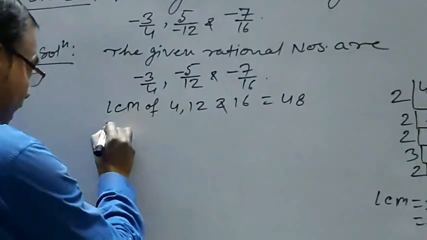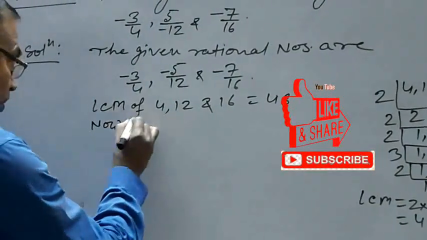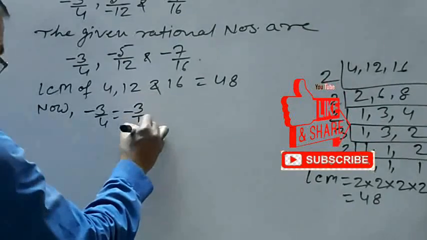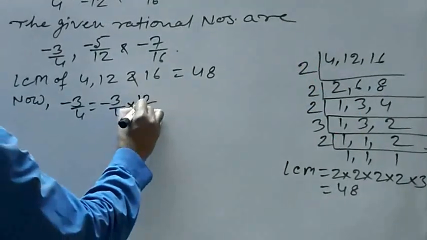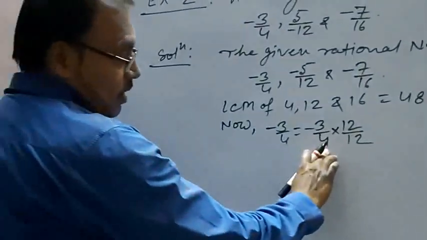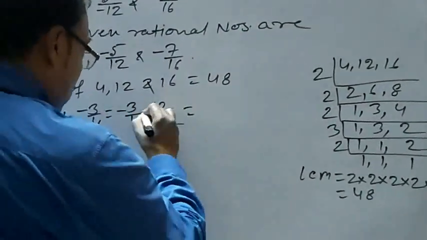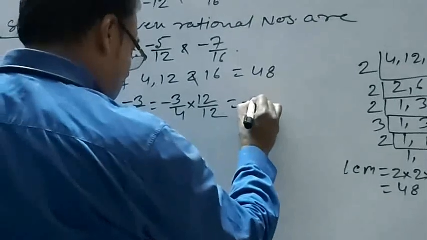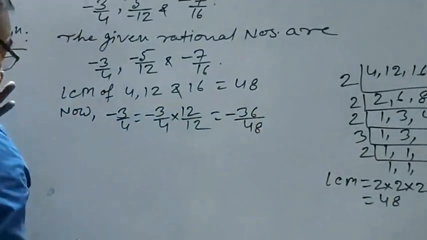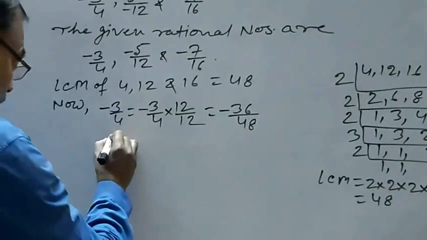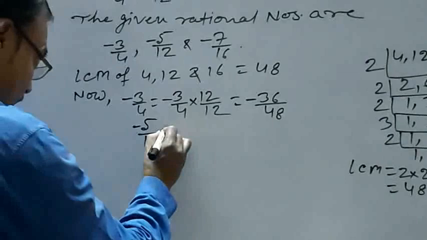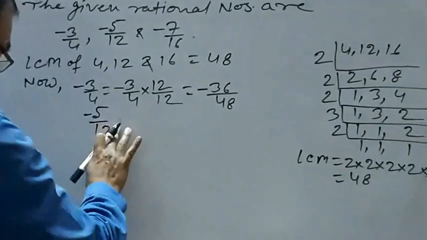Now minus 3 by 4 equal to minus 3 by 4 into 12 by 12, because 12 times 4 is 48, equal to minus 36 by 48. Next minus 5 by 12. If we multiply 12 by 4 we get 48.